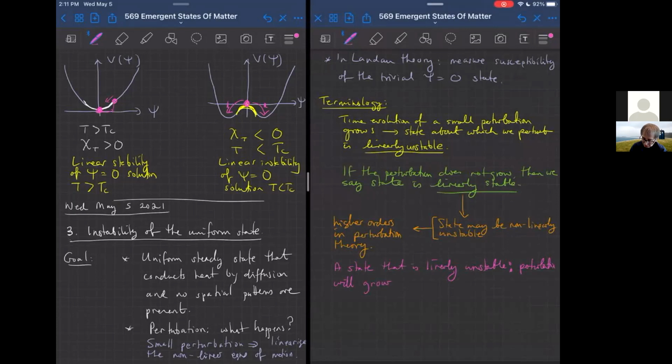The perturbation will grow until it is large enough that the linear perturbation theory is not valid. And so, once the linear approximation breaks down, then you can't say anything at all.